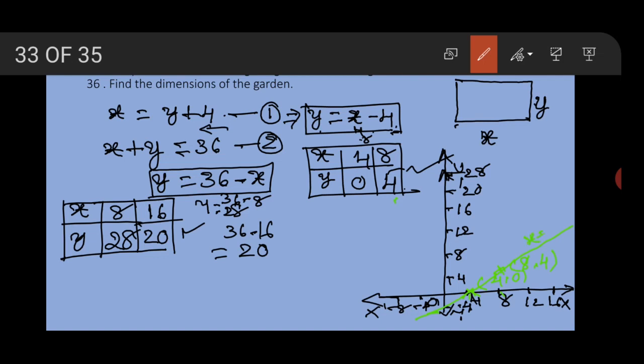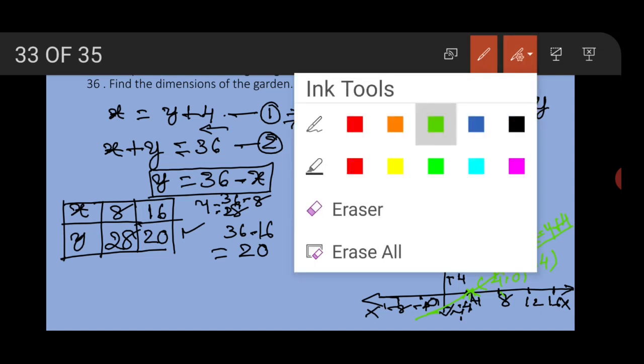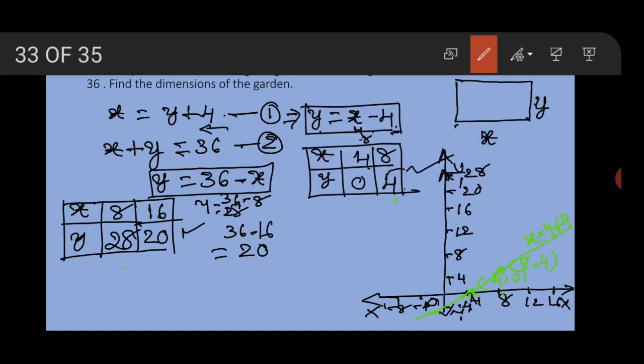This is the straight line for what? First equation, x is equal to y plus 4. Again I will write here, x is equal to y plus 4 equation's graph is this. Then next to the second equation, see the value table. If the value of x is 8, value of y is equal to 28.